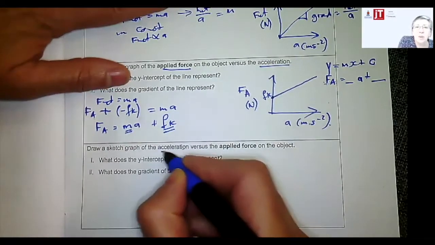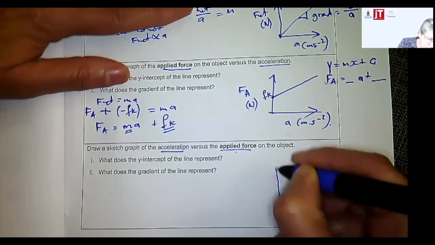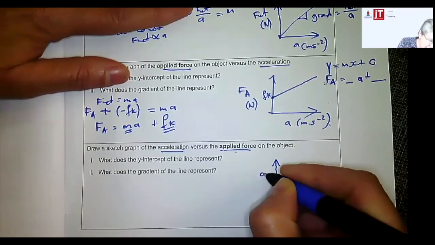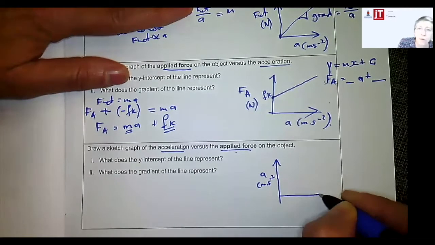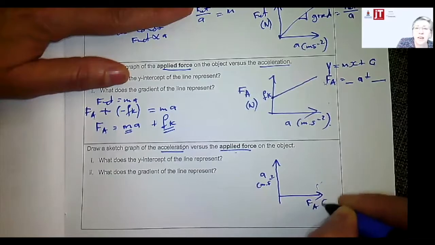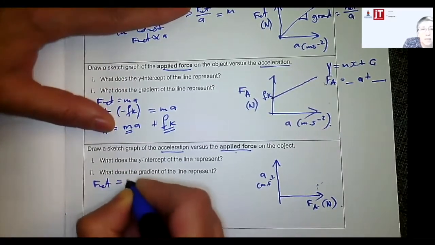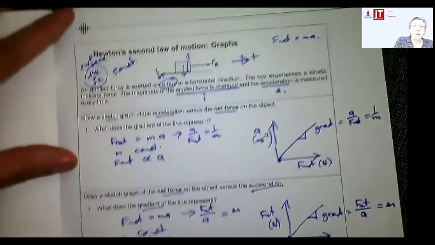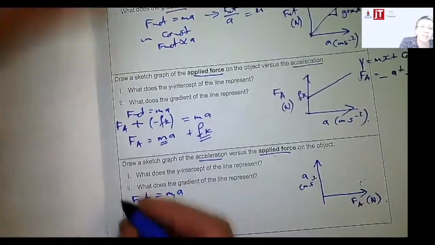This time they want acceleration versus applied force. So let's look at this one. I'm looking at acceleration in meters per second square versus applied force in newtons. And once again, I start out with F net equals m times A. We're still working with the same box. So Fa is my positive and friction is my negative force.